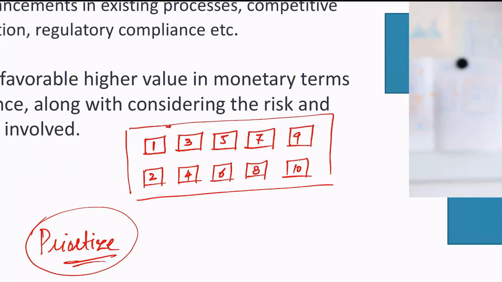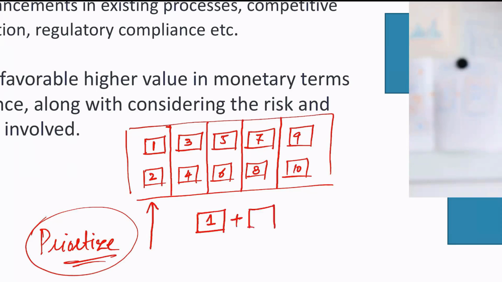Now we will divide this into sprints or releases. In the first time-boxed duration, we will target these two features. So in the first iteration or sprint, we will deliver these two features to the customer, which is called the first release.